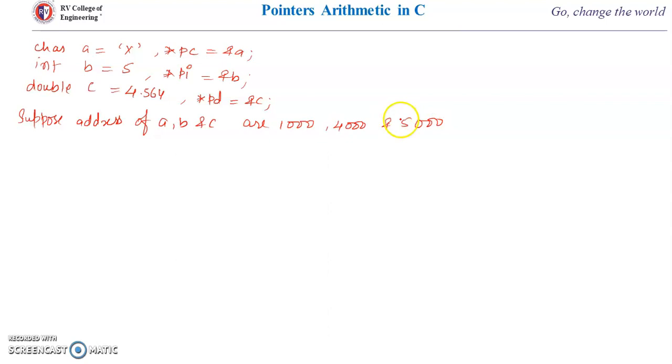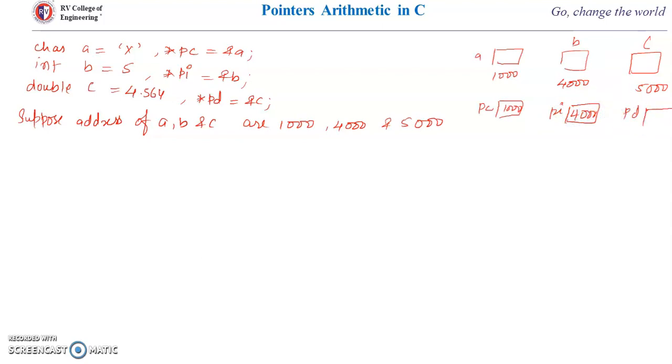So we have variables a, b and c, with addresses 1000, 4000 and 5000. The pointer variable pc has the address of a, so it will have 1000. pi will have the address of b, that means 4000, and pd will have the address of c, that means 5000.